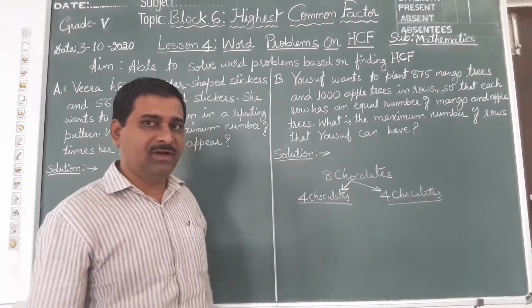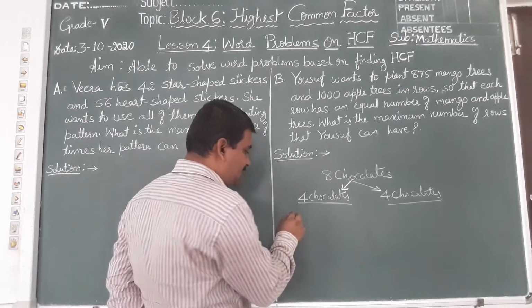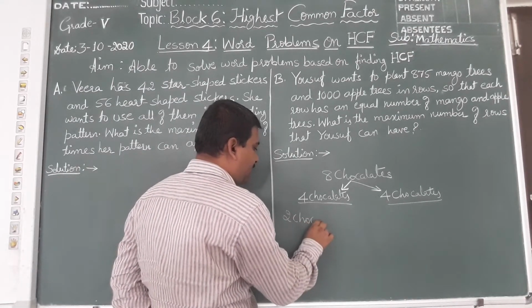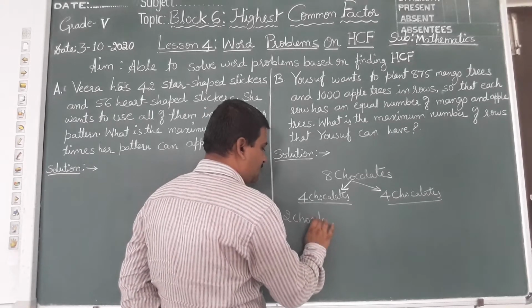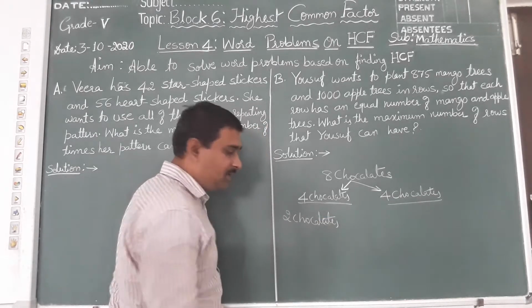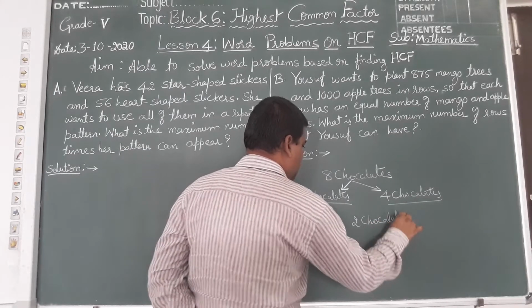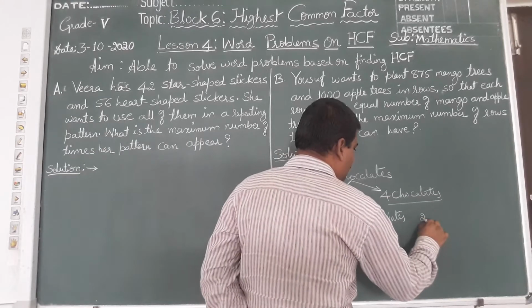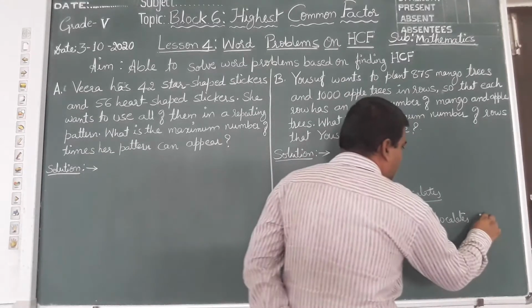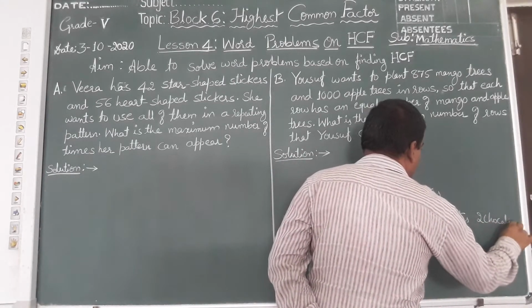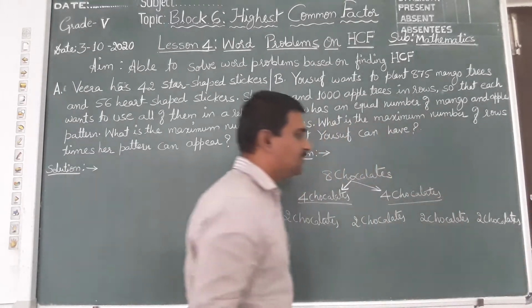One more combination you will get: the same 8 chocolates you can distribute as 2 chocolates to one friend, 2 more chocolates to the second friend, next 2 chocolates to the third friend, last 2 chocolates to the fourth friend.